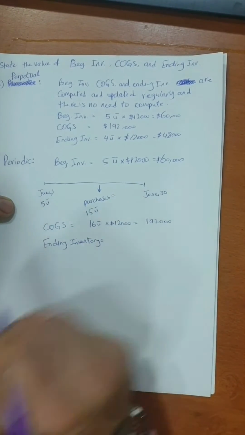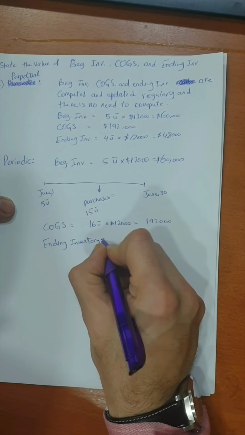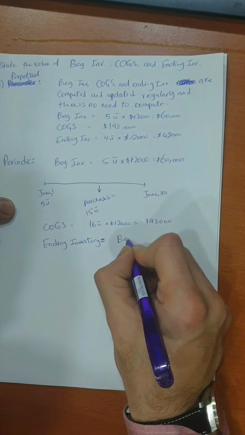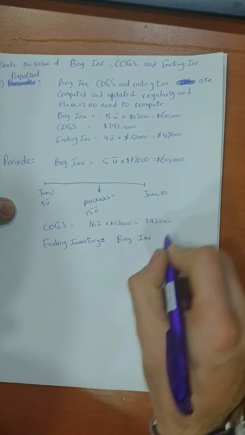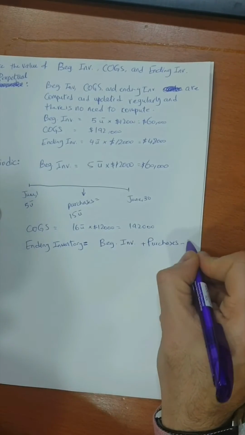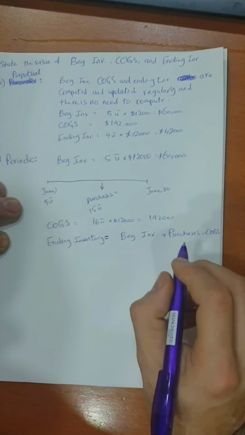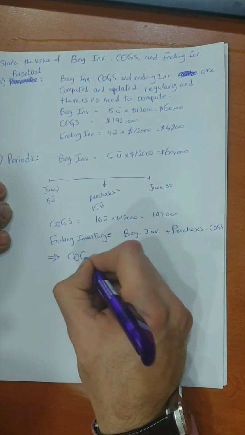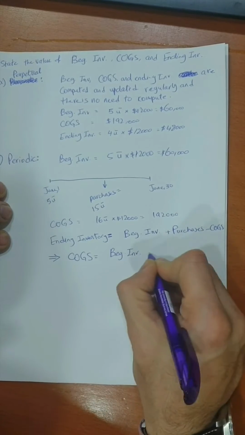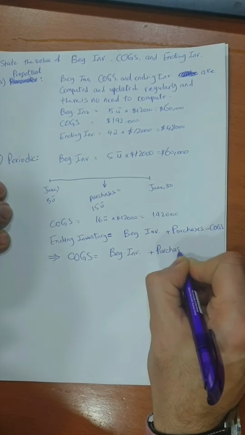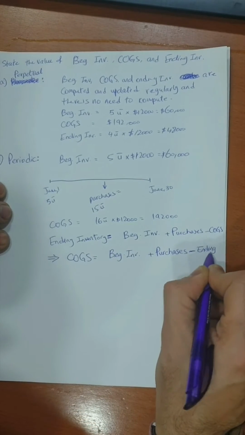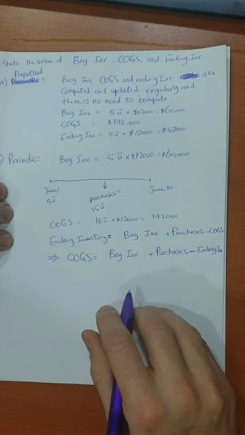What about the ending inventory? The ending inventory is equal to the beginning, what you had initially, plus any additions, minus what you sold, right? In other words, cost of goods sold is equal to beginning, what you had, plus what you added, purchases, minus what you are left with at the end, ending inventory.